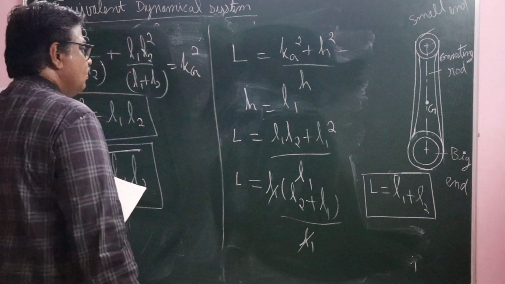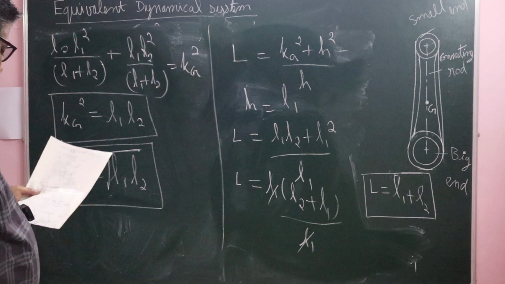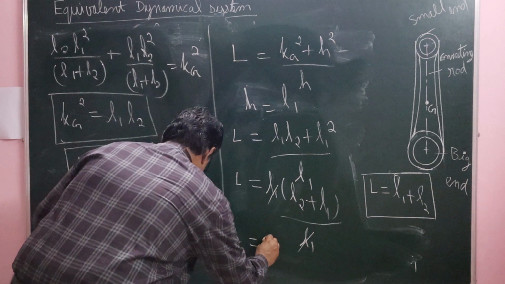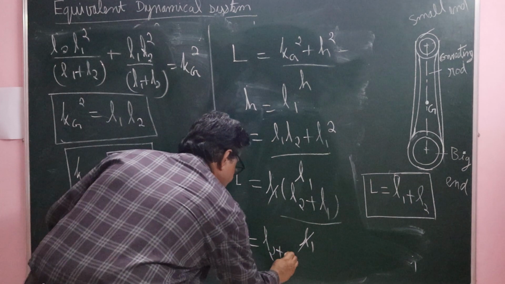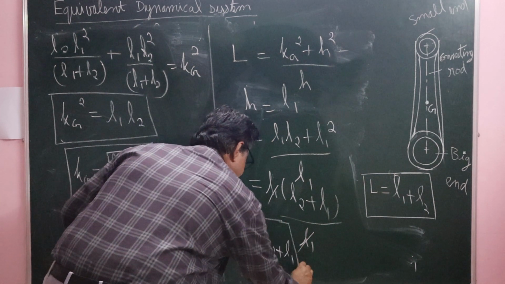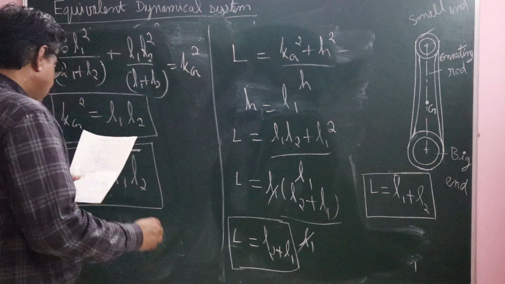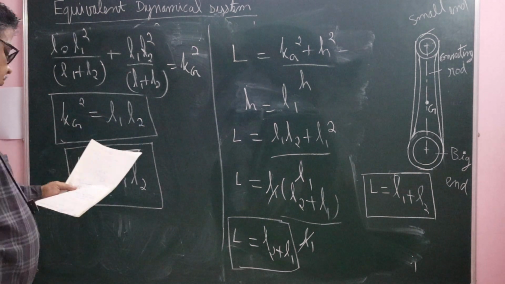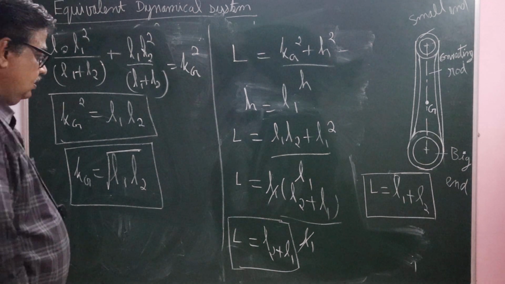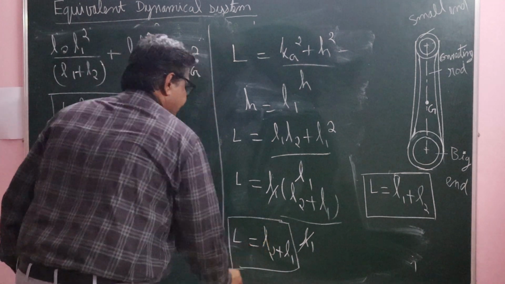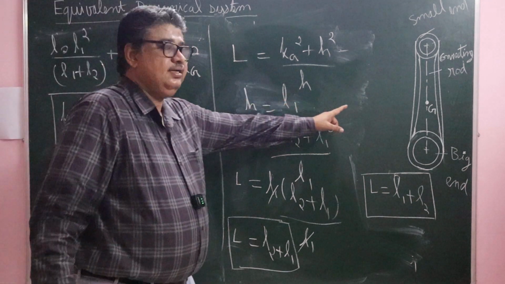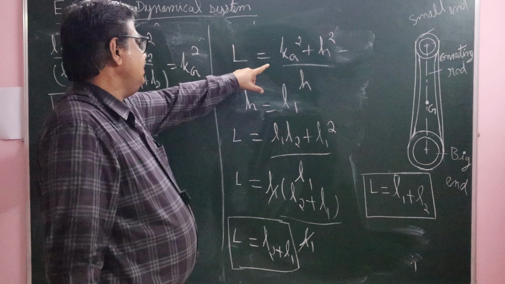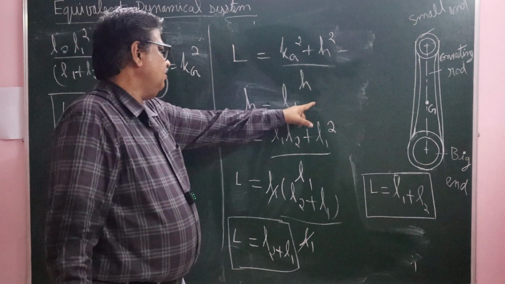L1 cancels. So L is equal to L2 plus L1. This is for the connecting rod. We can equate the connecting rod to a compound pendulum, where L is the equivalent length of the simple pendulum. This is the formula you have to use.